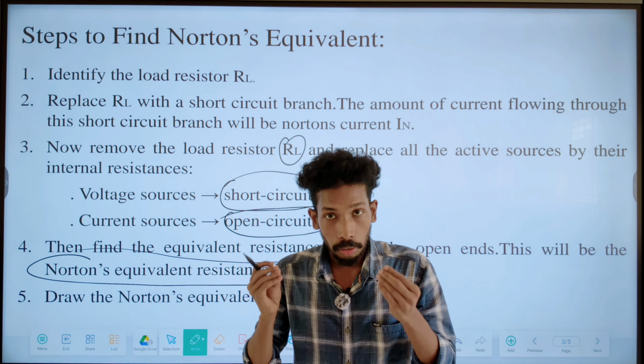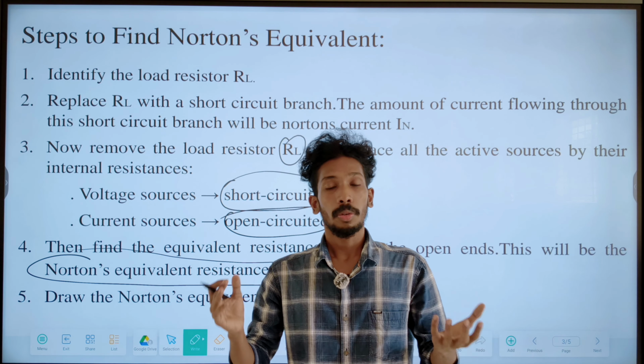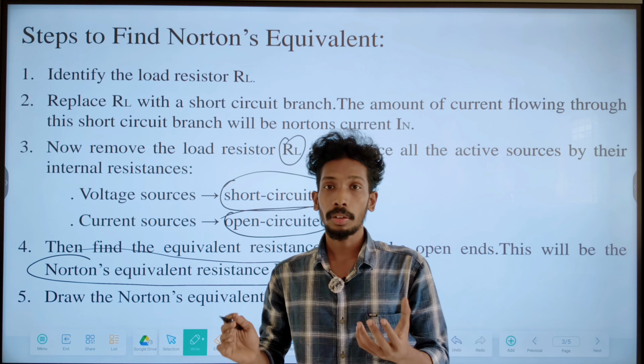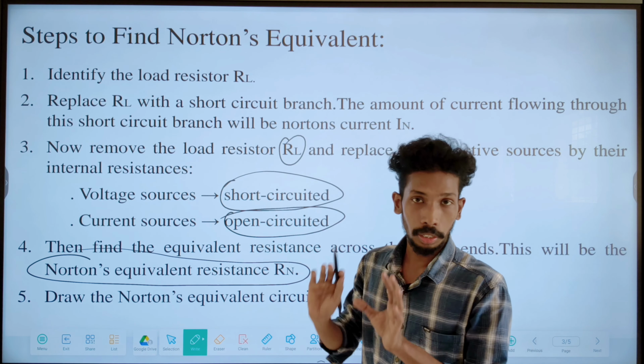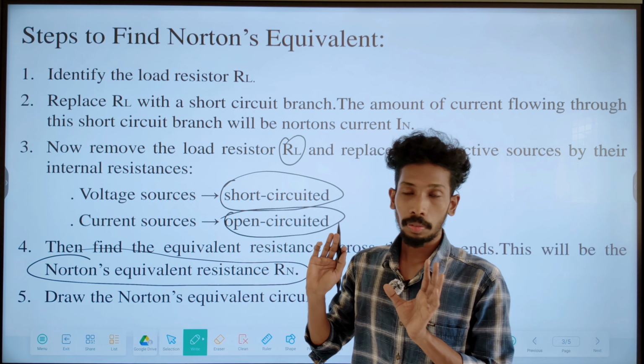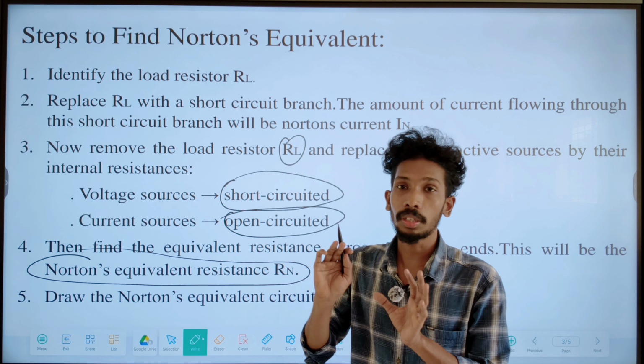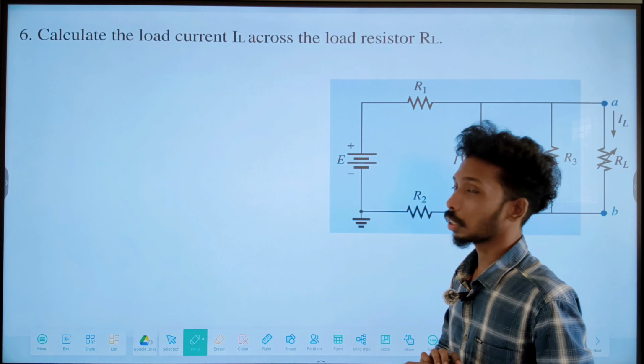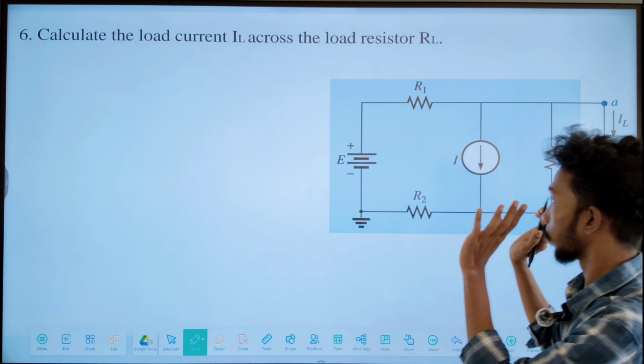Okay, so after finding out the Norton current and then the Norton equivalent resistance, we will make our simple circuit and try to find out the current flowing through the load resistor. If we draw the simple circuit, suppose this is your complex circuit.